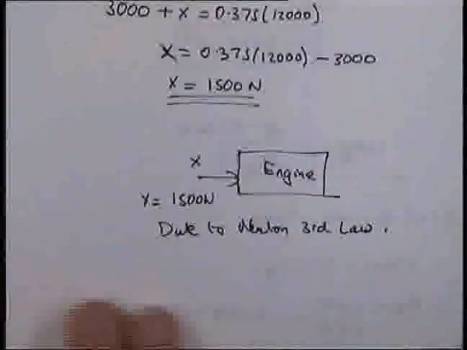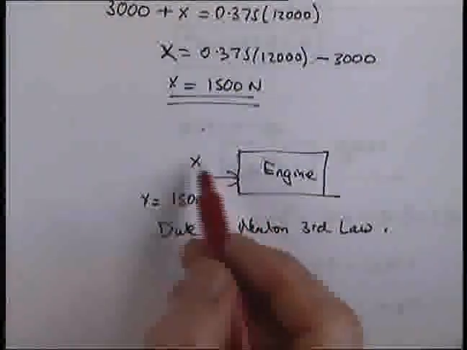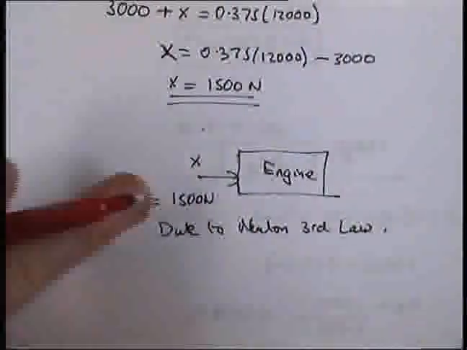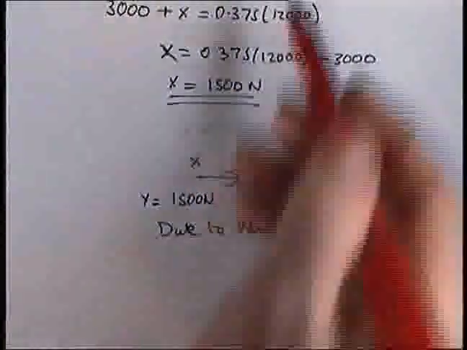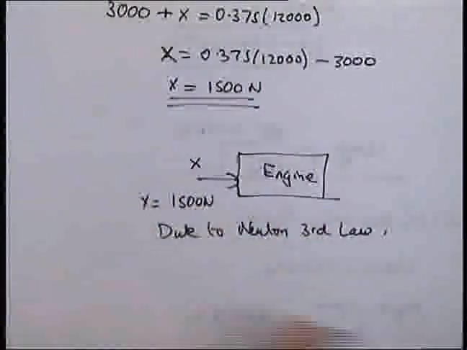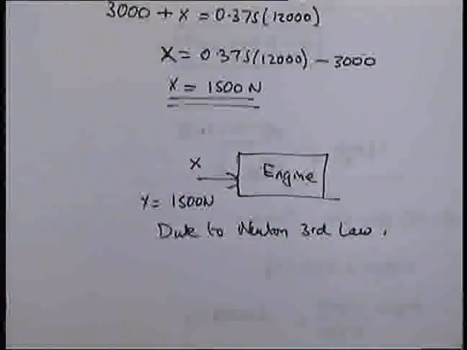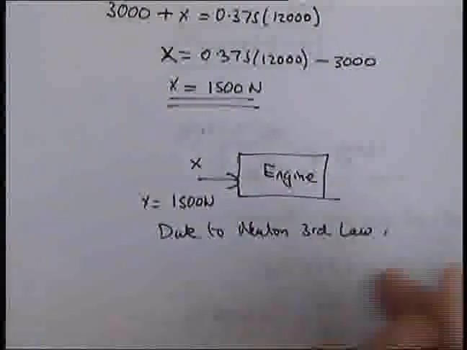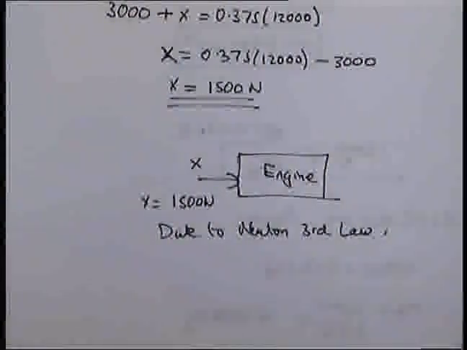And that's the end of the problem. So what I've done there, look, is I've shown that the force X is equal and opposite on the engine, and we've worked out the magnitude was 1,500 newtons in that direction, as we were asked to show on that last part of the problem. And I cited Newton's third law so that they understand why I've done it.